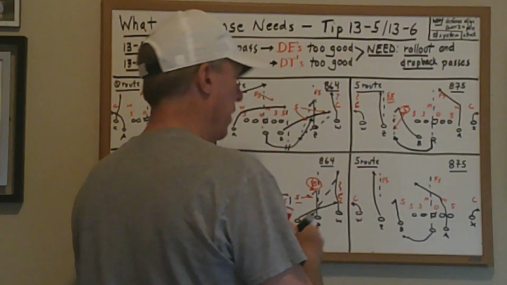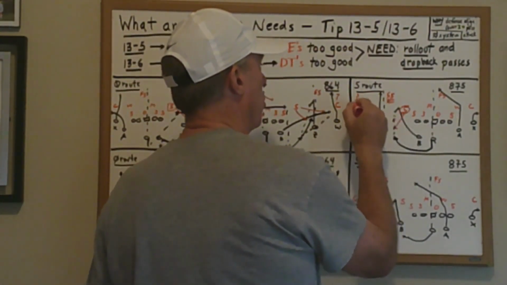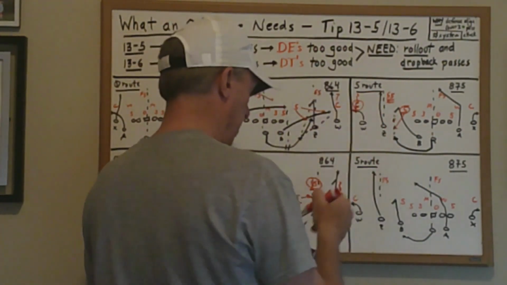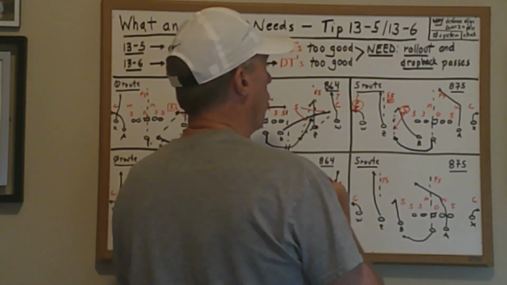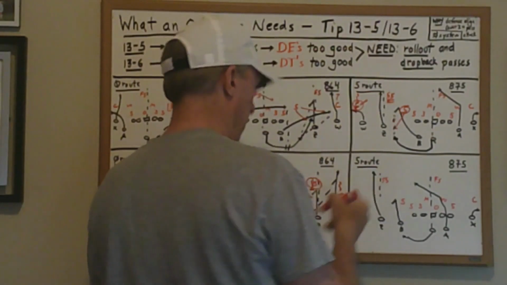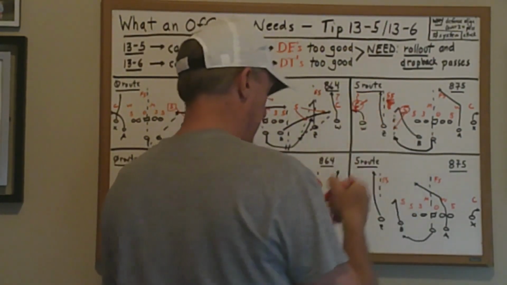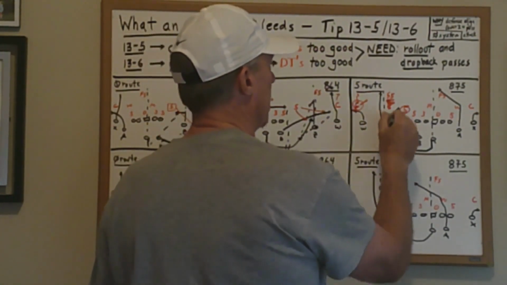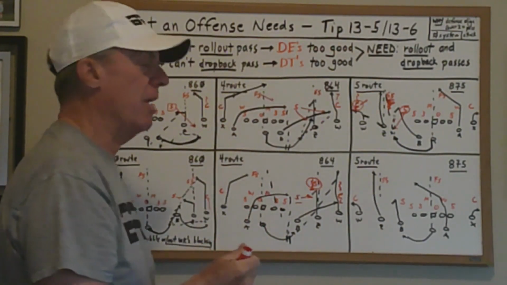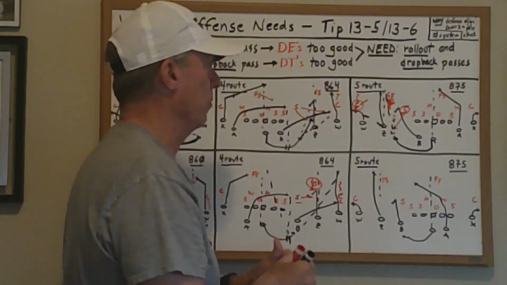If rolling out has any effect on the strong safety's eyes or the corner's eyes, meaning the corner sees a rollout, so he jumps that out route, or he sees the rollout and he starts to hesitate or work his way over to the fade, or the strong safety sees the rollout and it settles him down, then he's just going to throw it over top, okay? Or he'll just dump it over to the W.